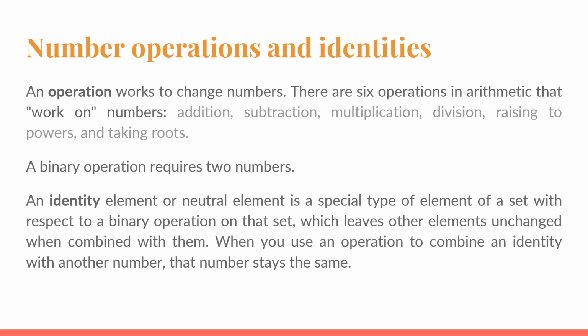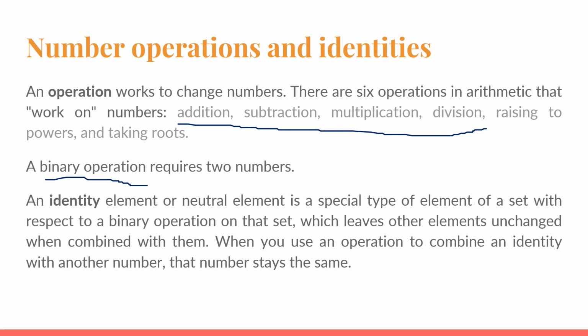These are called binary operations, and binary operations require 2 numbers. As you're familiar, addition, subtraction, multiplication, and division require at least 2 numbers in order for the operation to work. We also have operations such as raising to a power, or exponentiation, or taking roots, which do not require 2 numbers.